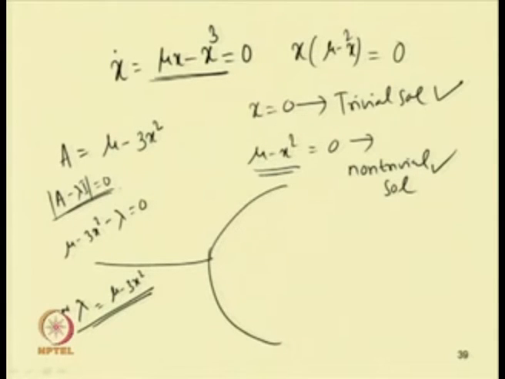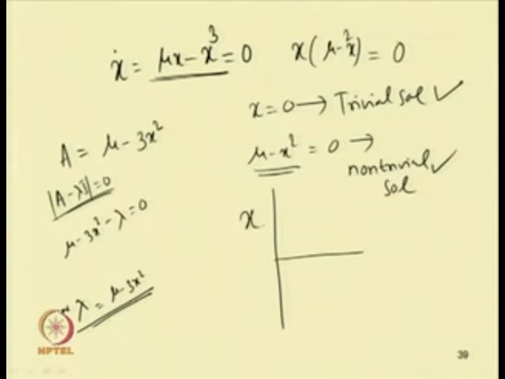So, I can plot this curve in x and mu. Let us plot this curve. This is x and this is mu. I'll take x equal to mu, and this is the 0 line.